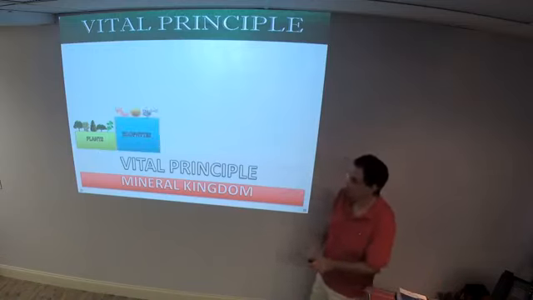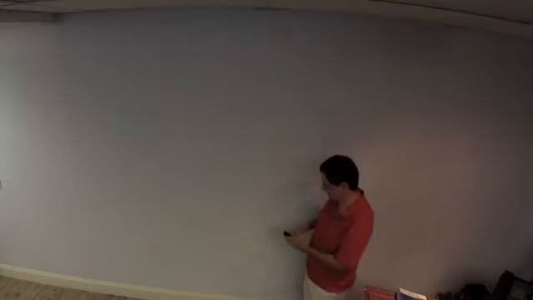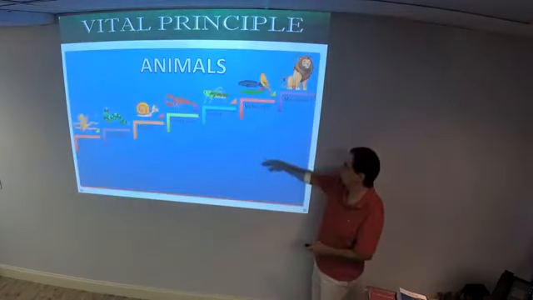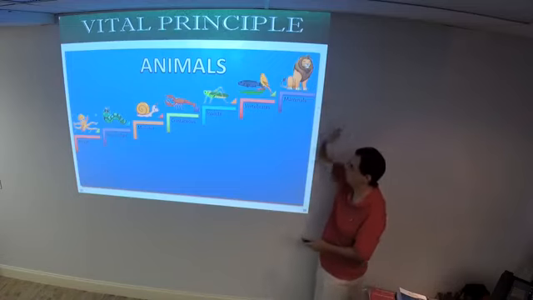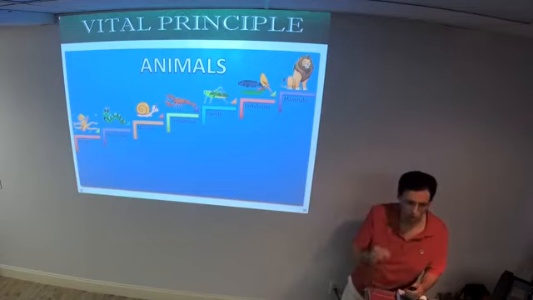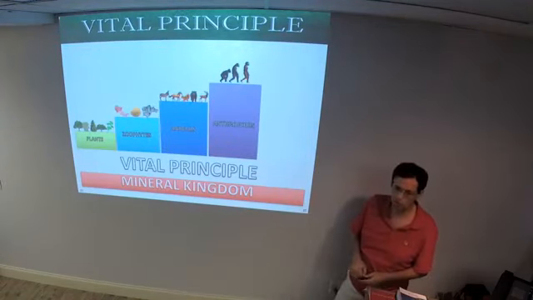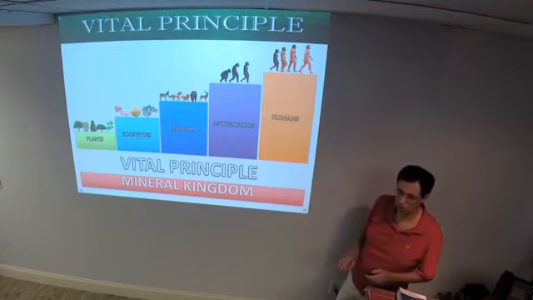Coming to the first, most simple forms of animals, zoophytes, requires vital principle. Coming to the animals, requires vital principle. From the most simple ones all the way through the scale to the most advanced ones, everything here has vital principle. And it goes to the next level, the anthropoids, same thing, requires vital principle in us too.